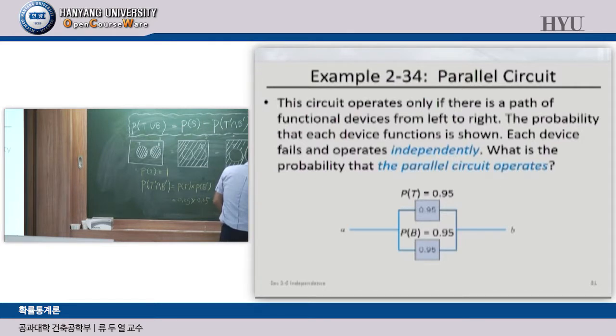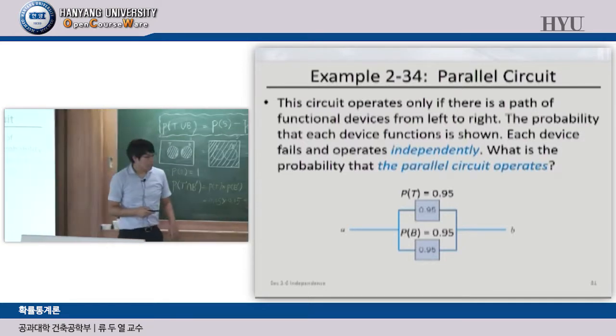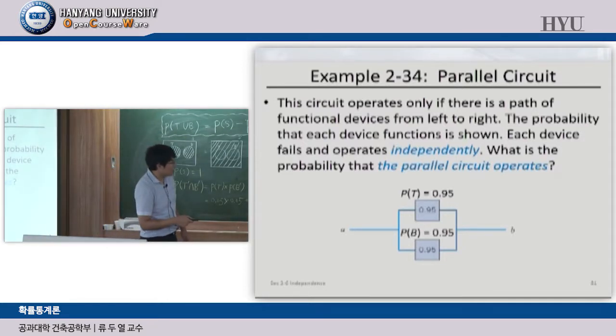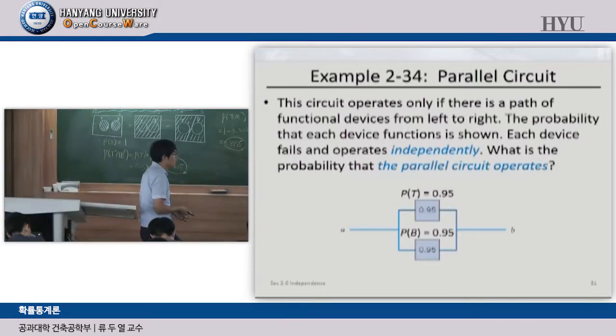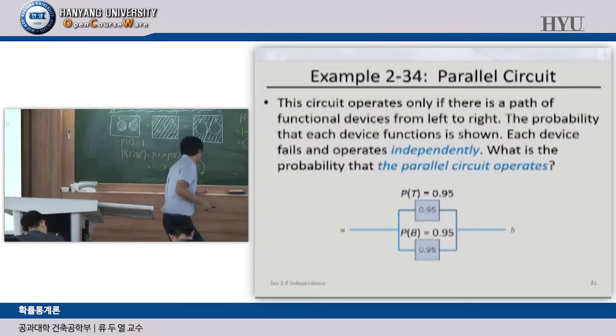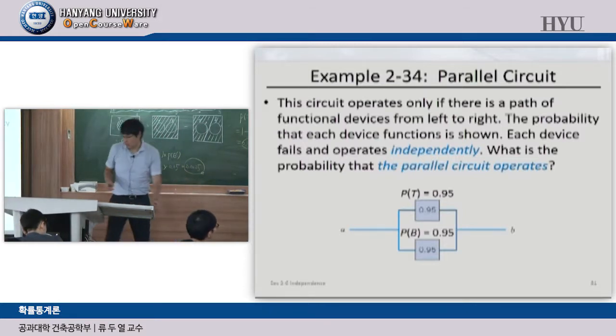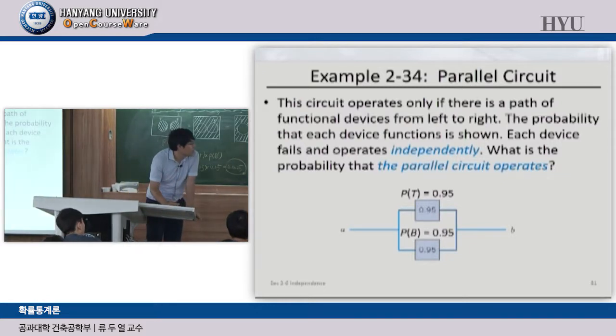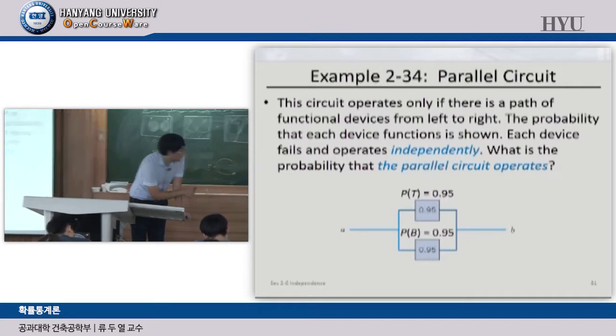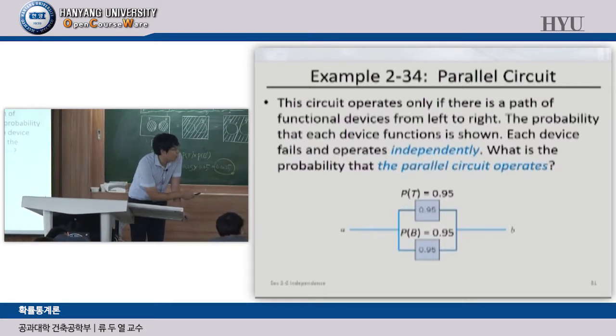That is 0.9975. That is the probability that the parallel circuit operates. Can you understand this part? So we can simply apply the independence rule for these types of examples.